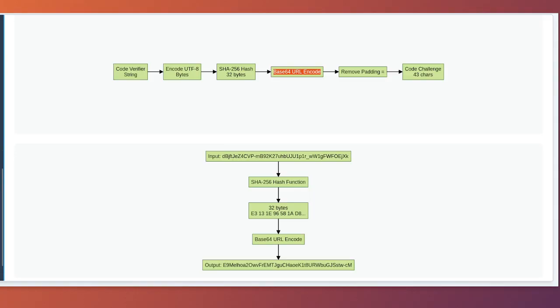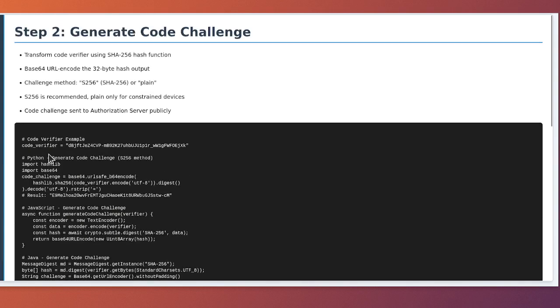In Python, you would use the hashlib module for SHA-256 hashing. First, encode the code verifier string to bytes using UTF-8 encoding. Then compute the SHA-256 hash using hashlib.sha256. Get the digest as raw bytes, and finally encode those bytes using base64.urlsafe_b64encode. Remember to strip any padding equals signs and decode to a string.